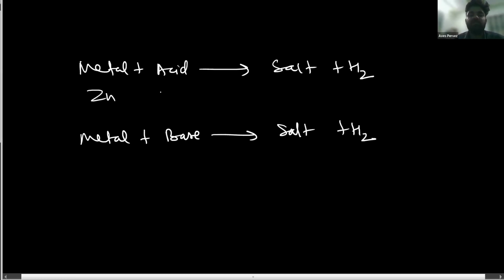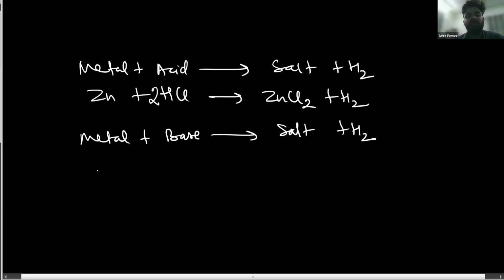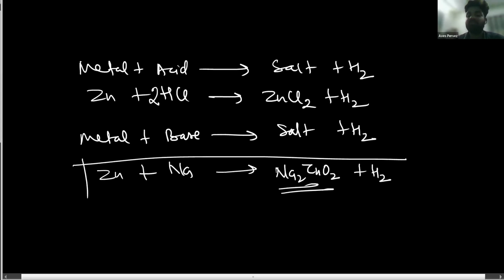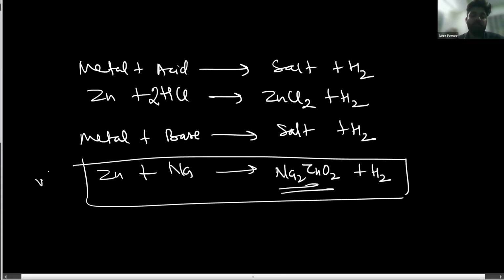An example is Zn reacting with HCl. It gives ZnCl2 plus hydrogen gas. Similarly, when Zn reacts with NaOH, it forms Na2ZnO2 plus hydrogen gas. This is sodium zincate. I have asked you so many times to memorize this reaction. This is very important from the examination point of view.